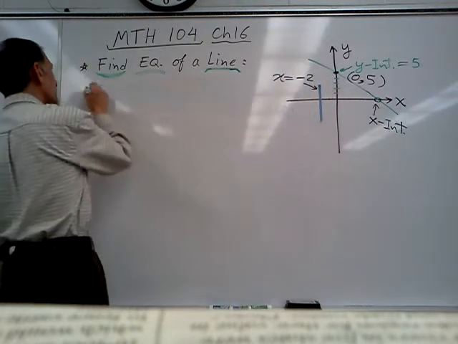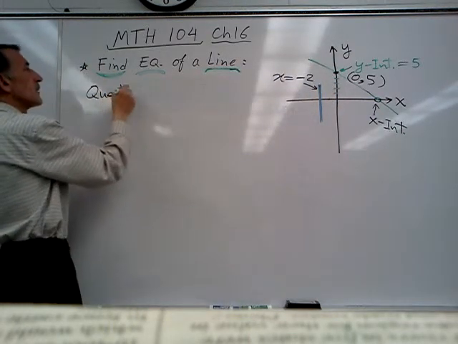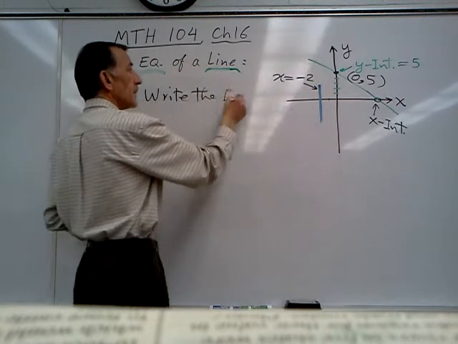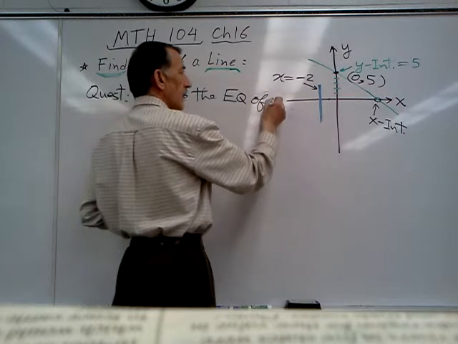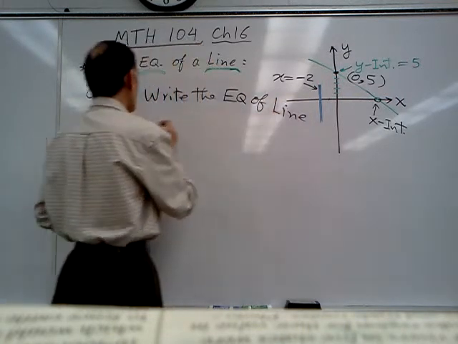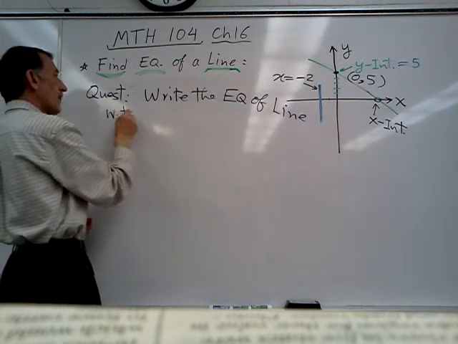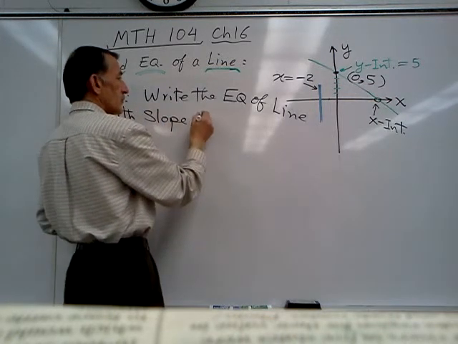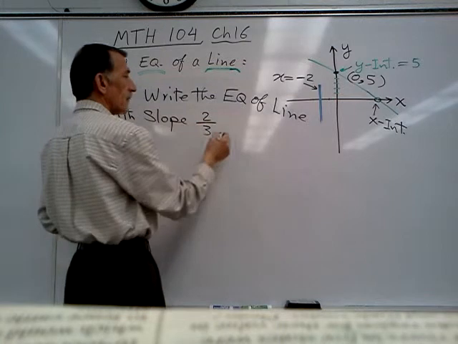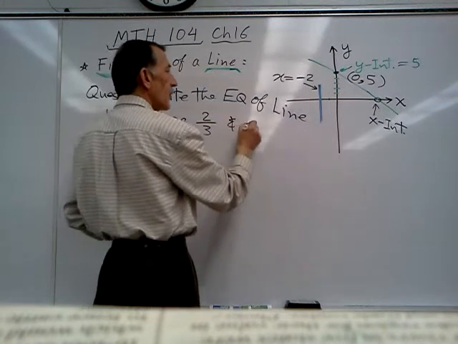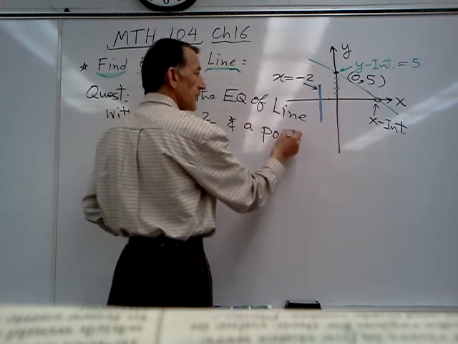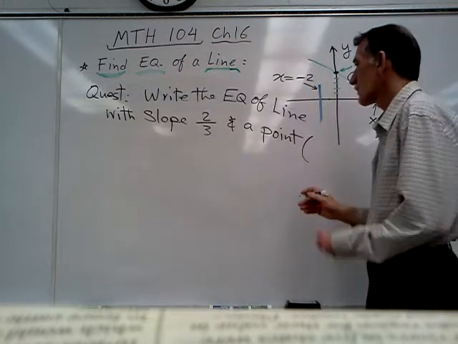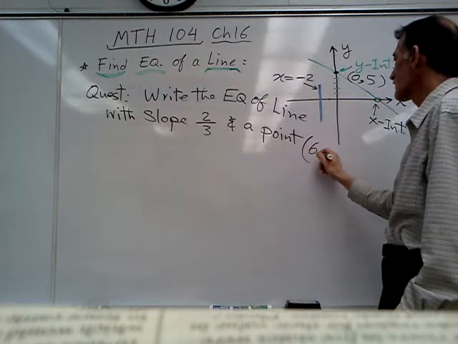Let's say the question asks, write the equation of the line with the slope of 2/3, for example, and the line goes through this point of, for example, let's say 6 and 4.